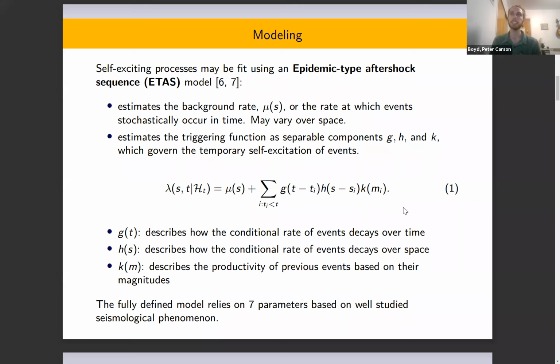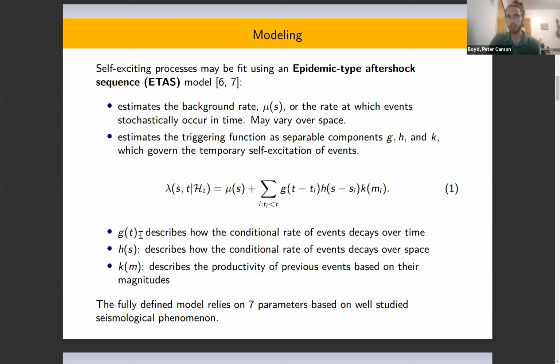So sort of as an example, let's consider that right now in Corvallis, Oregon, there is an earthquake that happens. And so we'll use this triggering function, or the functions g, h, and k, to assess how this event can spread.